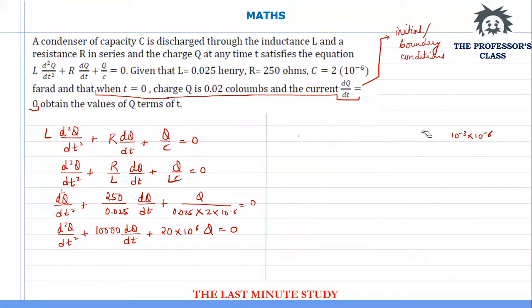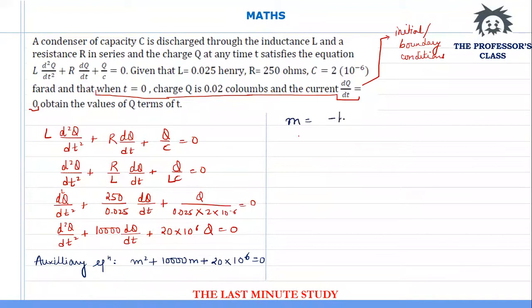Now, I got this equation, I'll convert this equation into the auxiliary equation that we have studied. So my auxiliary equation becomes m square plus 10,000 m plus 20 into 10 raised to 6 equals 0. Now I need to find the roots of this equation. To find the roots, I'll use the quadratic formula.